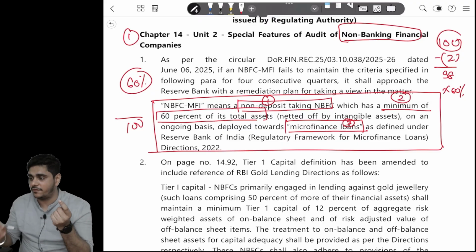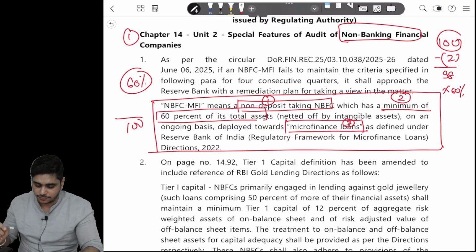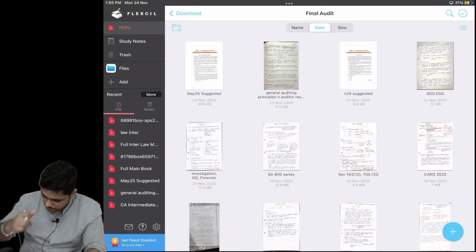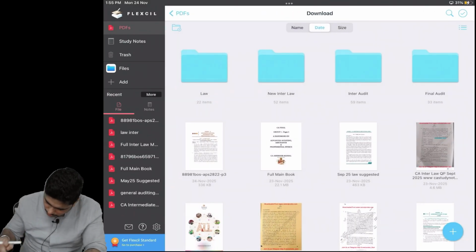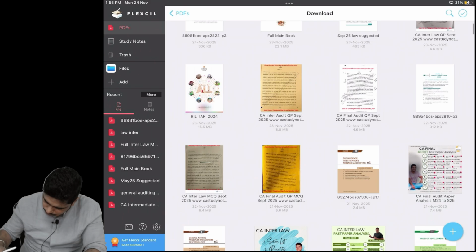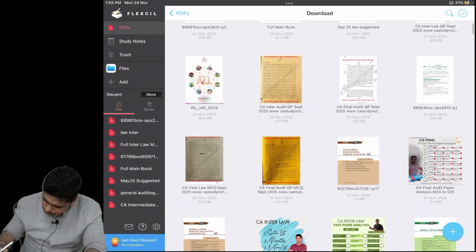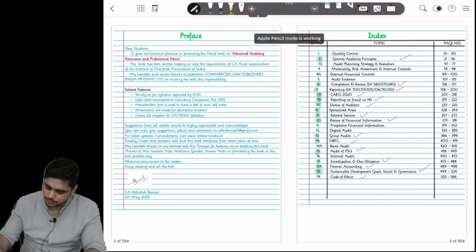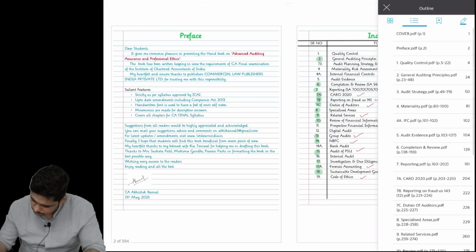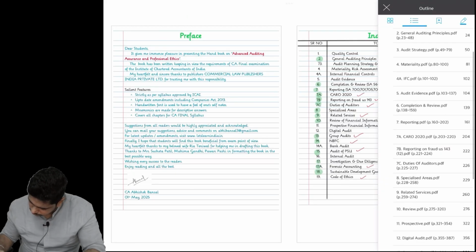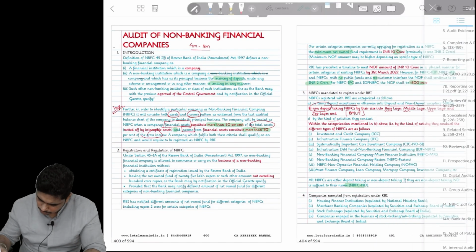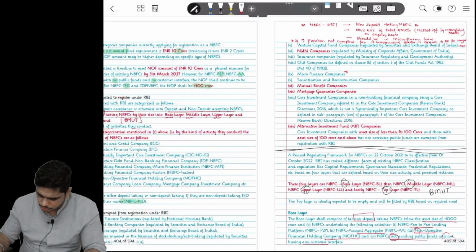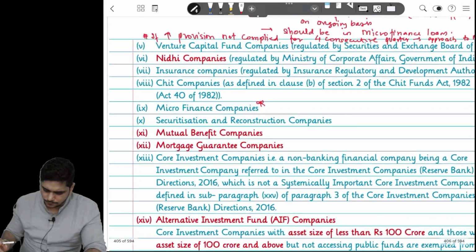Now you will ask me, sir, where is the implication of this? If you have studied through me, you'll have our main book. In the main book, come to the NBFC chapter, page number 402.